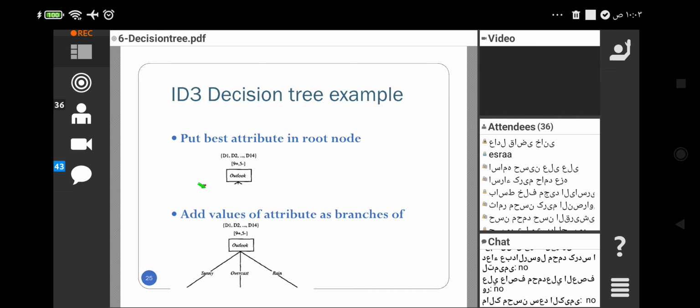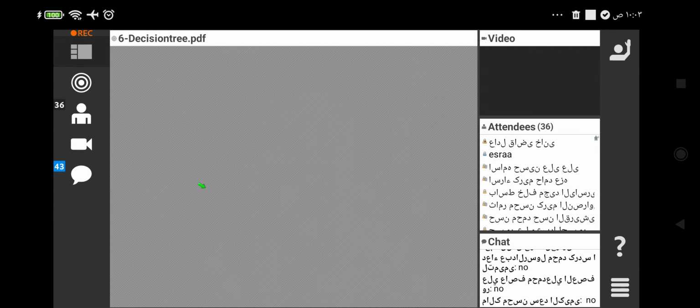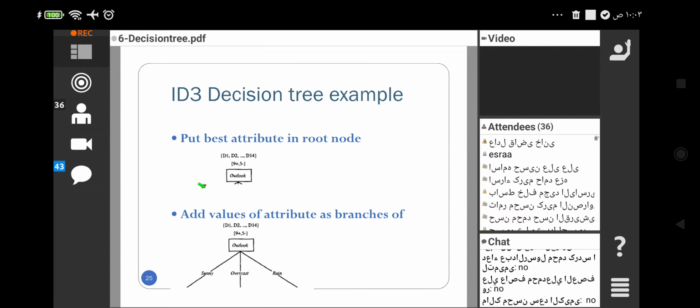We put outlook here in the root node. And then we put the values of outlook here: sunny, overcast, and rain. These are the values of outlook. We have put them in the branches of outlook.